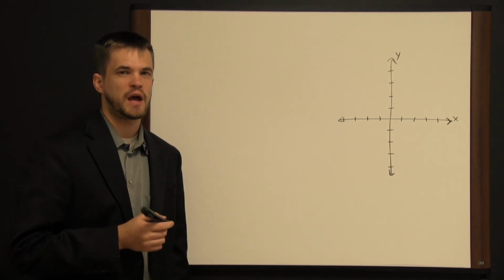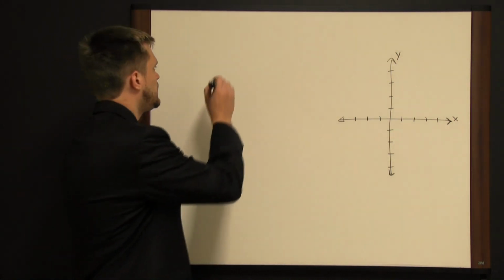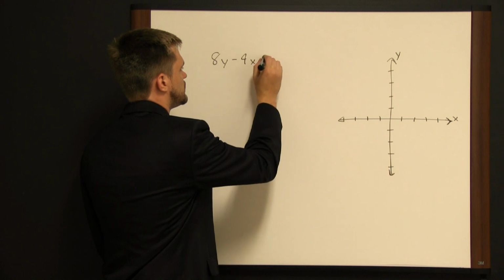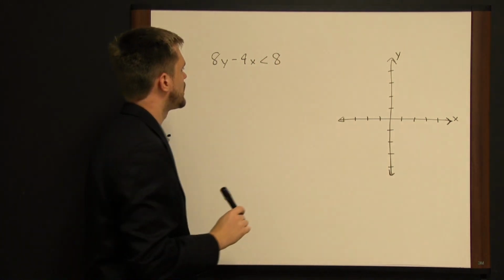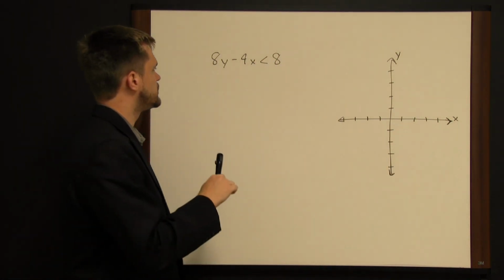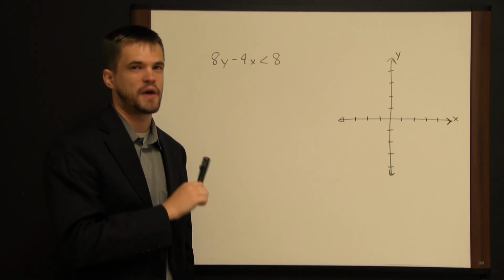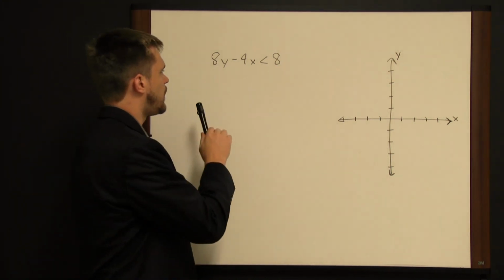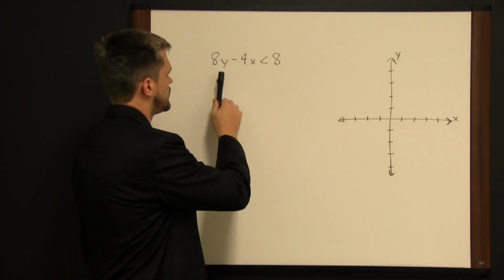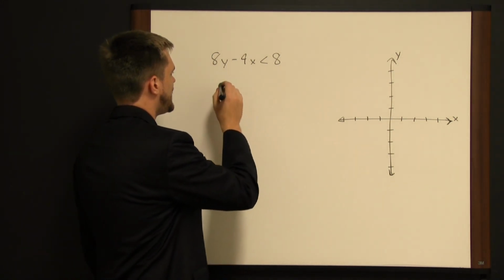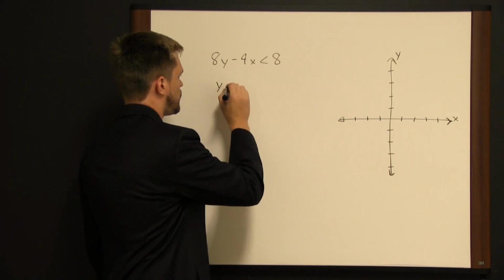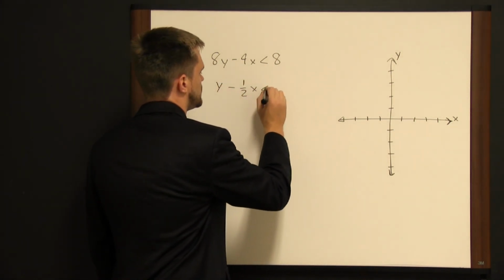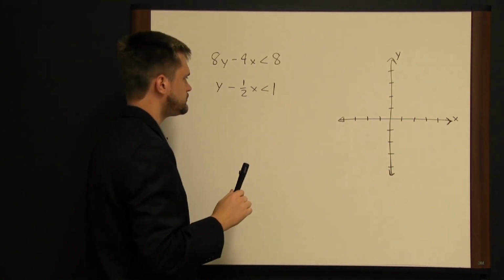So for instance, if we have the inequality 8y minus 4x is less than 8, all we can do is solve it for y in terms of x, or x in terms of y. So let's solve it for y in terms of x. We'll divide both sides by 8. So that will give us y minus 1/2 x is less than 1.